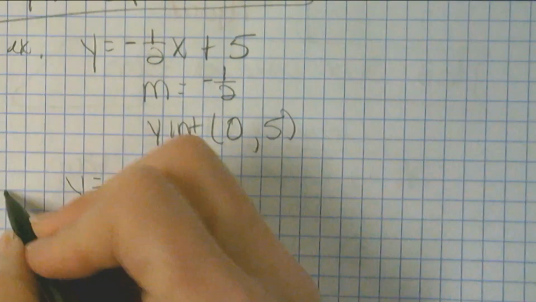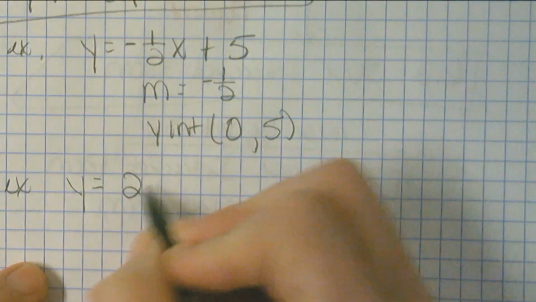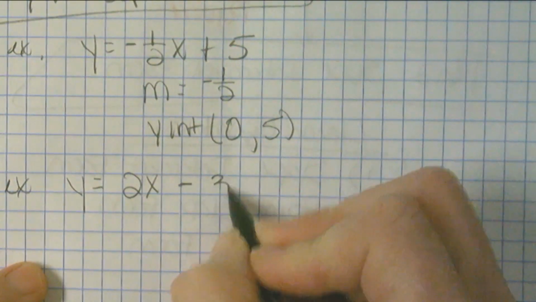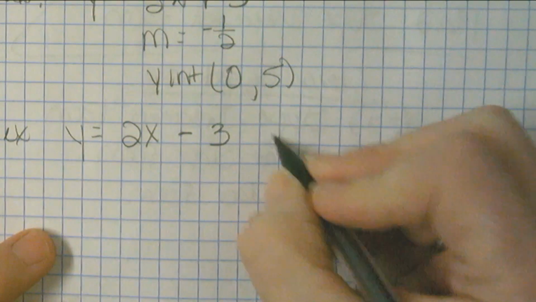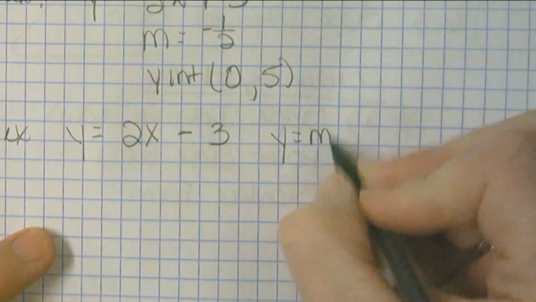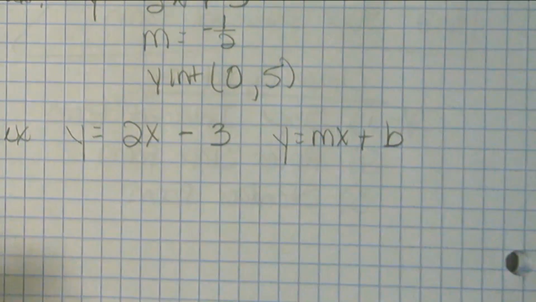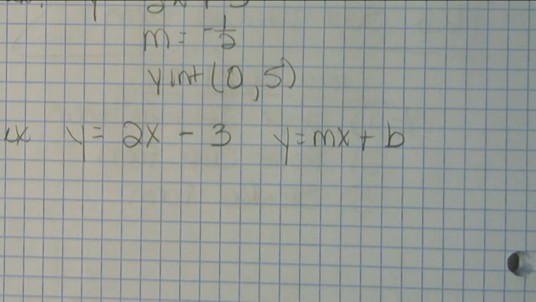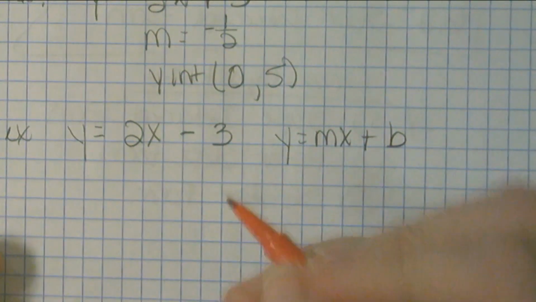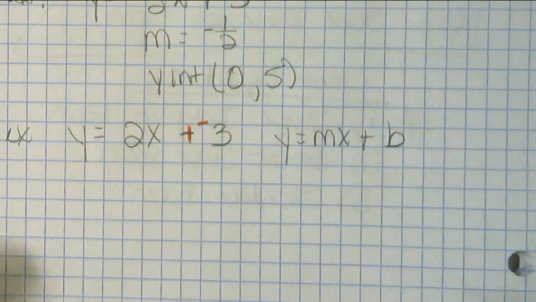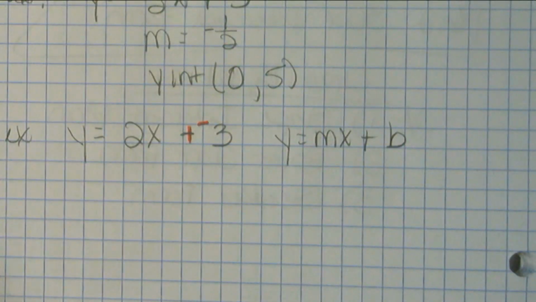So let's say I have y equals 2x minus 3. Remember, my slope-intercept form is y equals mx plus b. So when I have subtraction, what should I do with my subtraction? Drew? Do adding the opposite. Now all of you tell me, what is my slope?